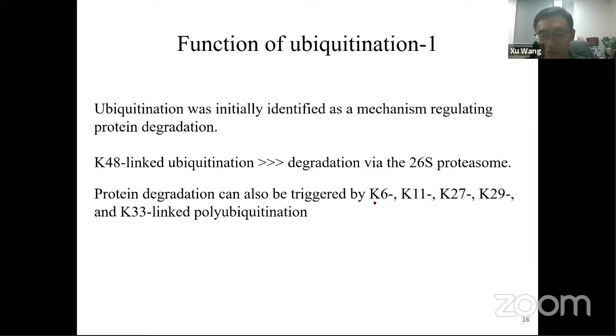We can see from here, K6, K11, K27, K29, K33, and in particular K48 polyubiquitination signals protein for degradation.